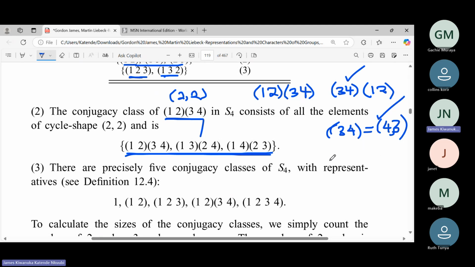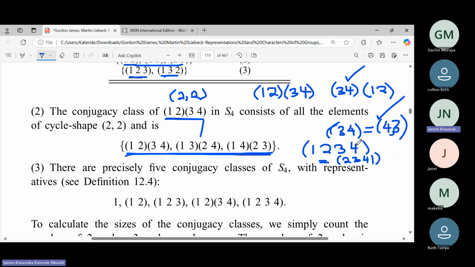Then one more thing. If you have a cycle, for instance (1, 2, 3, 4), the same cycle can be written from any point. So for instance, I could start at the point 2 and it will be exactly the same cycle, (2, 3, 4, 1).